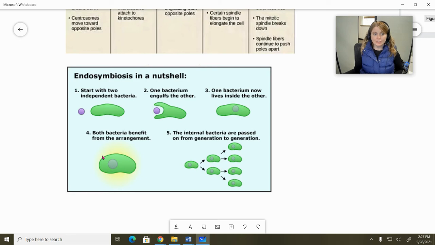But in this situation, engulfing this bacteria actually provided a benefit. So engulfing the purple bacteria here provided a benefit to the green bacteria because the purple bacteria was able to do a process called cellular respiration. So one of the things that bacteria lack today are organelles called mitochondria.